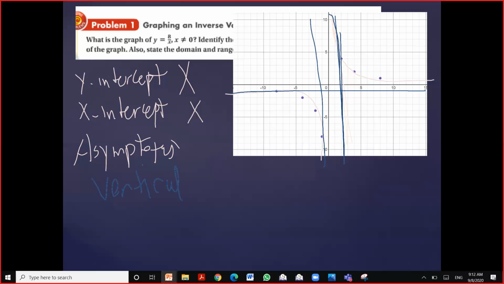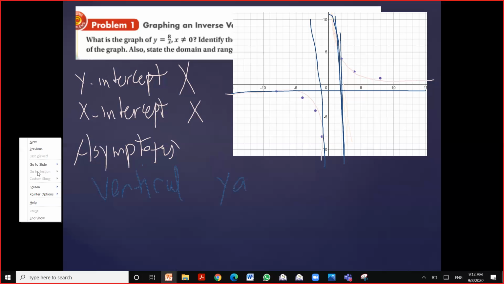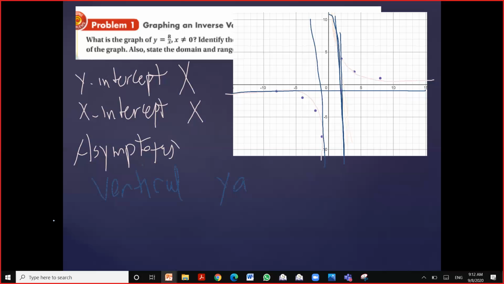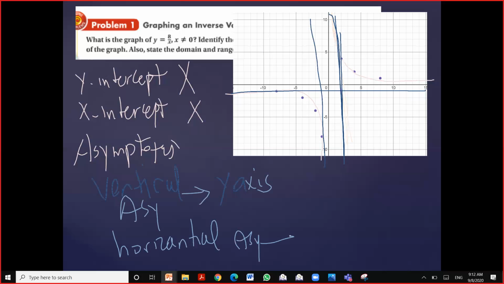Yes, so the vertical asymptote is the y-axis. I will change. So the vertical asymptote is the y-axis, and the horizontal asymptote is the x-axis. Sorry.